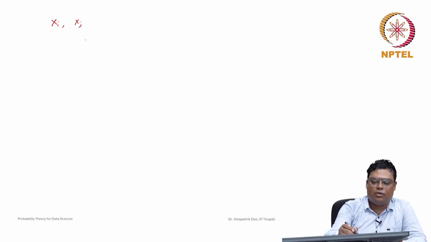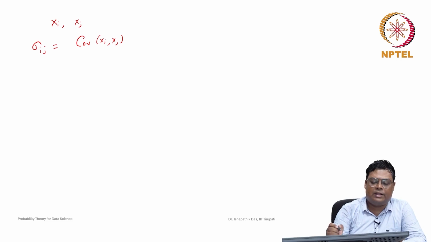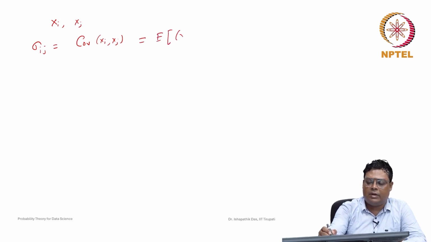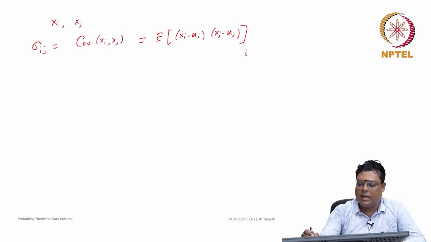Then we define the covariance of xi and xj, denoted sigma ij. By definition, it is the expected value of xi minus mu i times xj minus mu j, for i and j belonging to 1 to n.